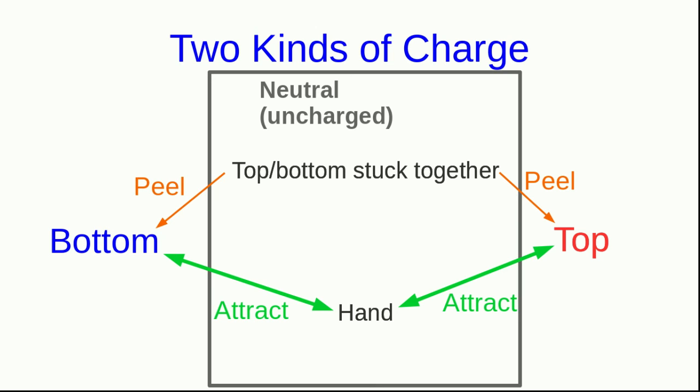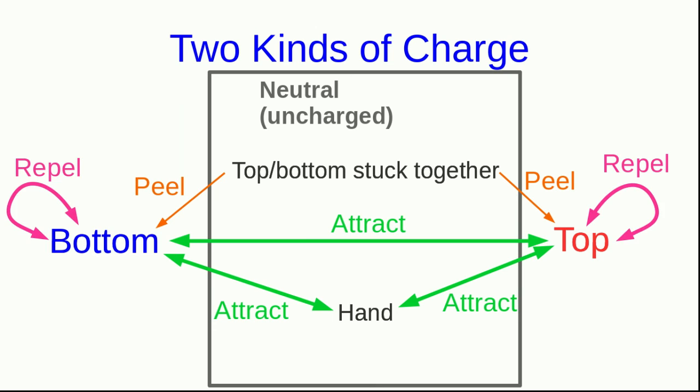However, their charges are different somehow, because bottom pieces always repel other bottom pieces, top pieces always repel other top pieces, but bottom and top pieces attract each other. And so the charge on the bottom pieces must be a different kind of charge from the charge on the top pieces. We've got two kinds of charge here.